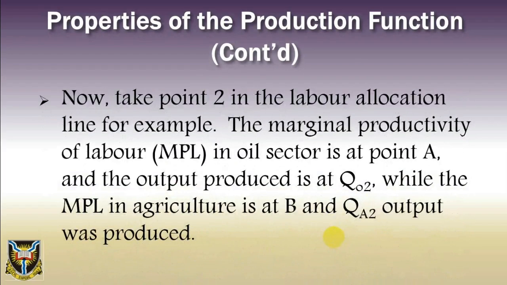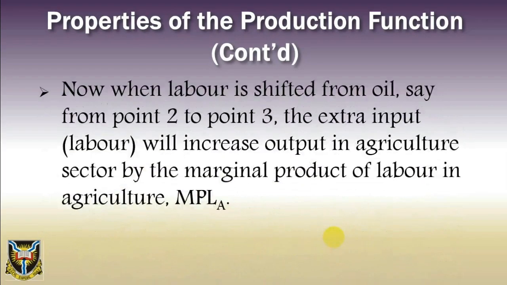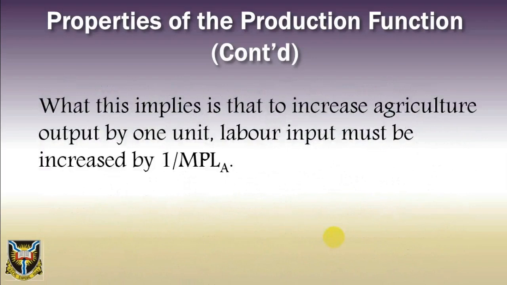Now, when labor is shifted from oil, say from point 2 to point 3, the extra input will increase output in the agriculture sector by the marginal product of labor in agriculture, MPLA. What this implies is that to increase agriculture output by 1, labor input must increase by 1.